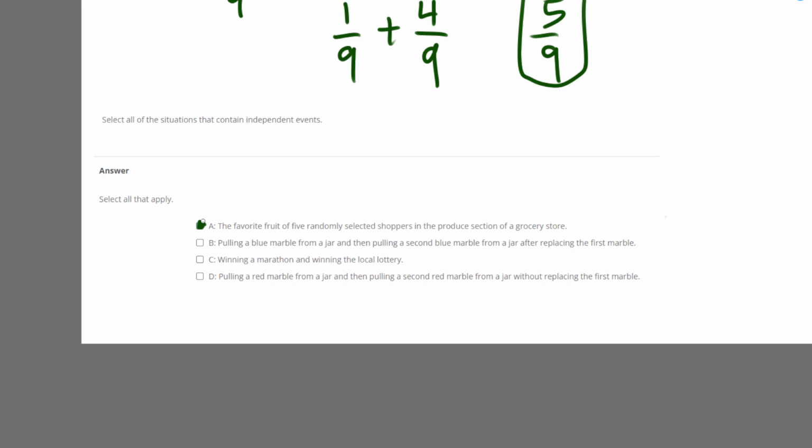The second example is pulling a blue marble from a jar and then pulling a second blue marble from the jar after replacing the first marble. This replacing word is important. Replacing it makes it an independent event because it doesn't affect the second pull.